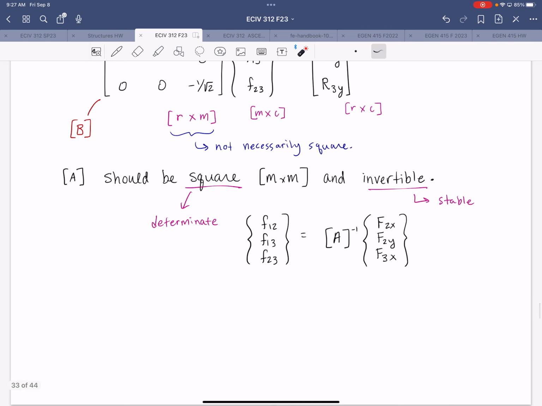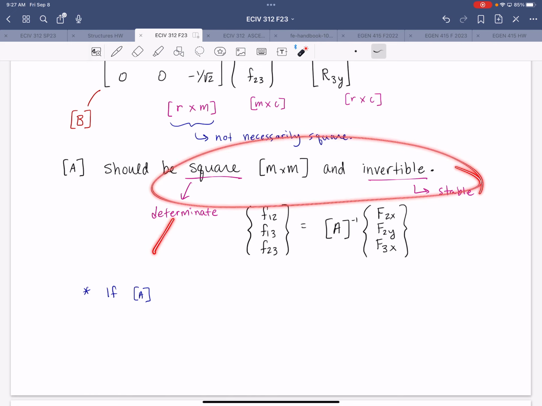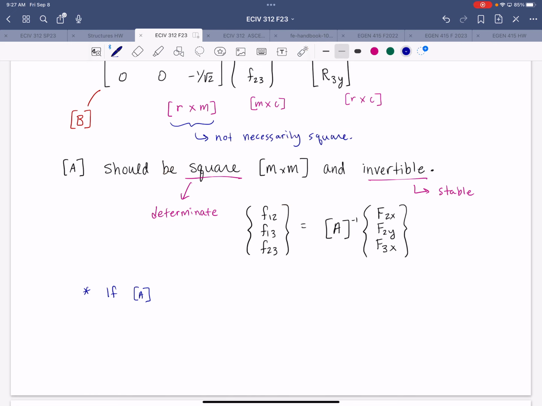Now, a couple of notes here, and we'll come back to this when we talk about stability next week. All right, it just follows from what we talked about up here, right? If the first partition is not square, it's either indeterminate or unstable.